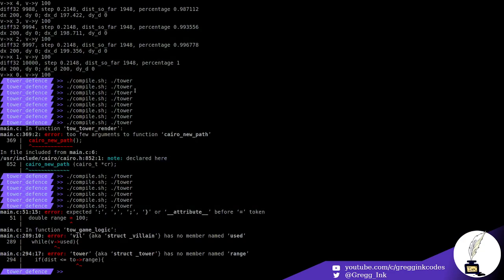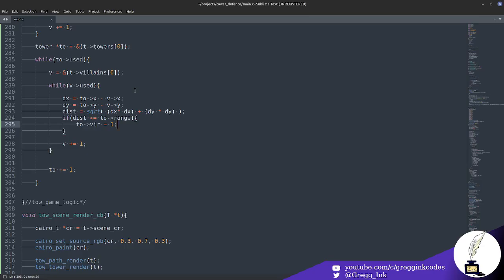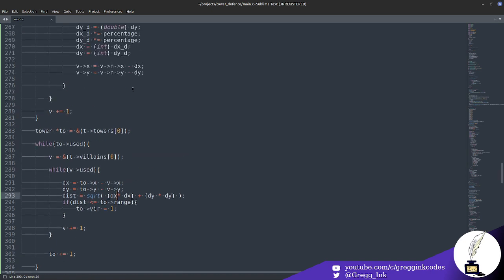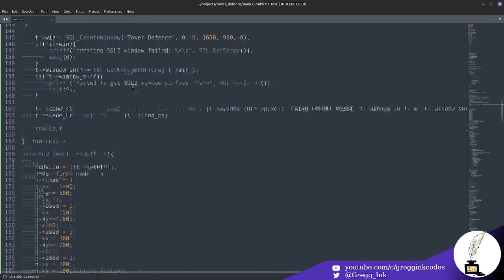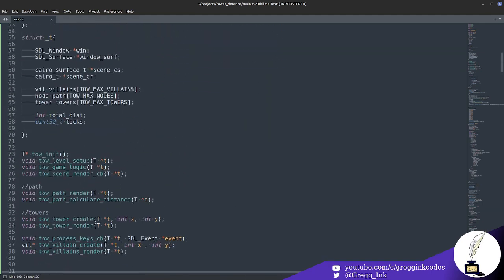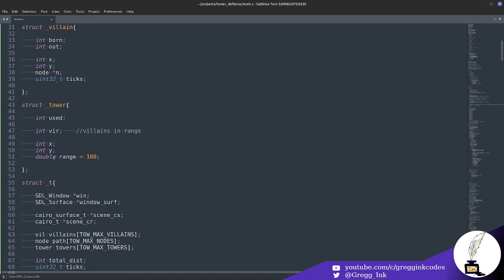Let's have a look. No, okay. Doesn't have something called range. I've been very inconsistent here with my doubles and my ints, but okay.